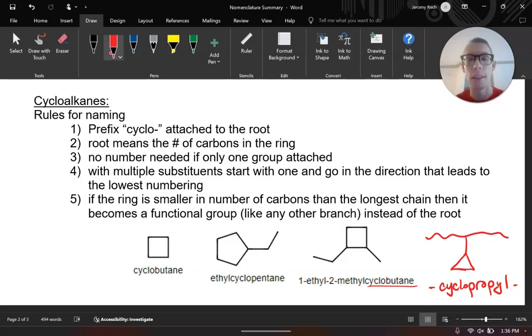So if you have a main chain that's a dodecane, for example, and on one of the positions you have a cyclopropyl, maybe like the 4 position, so 4-cyclopropylundecane, for example, could be a case where that happens.